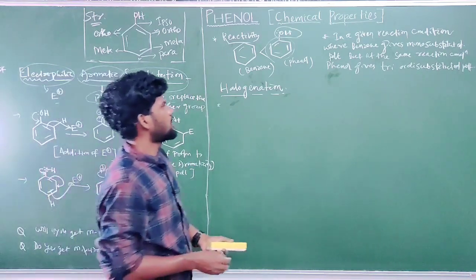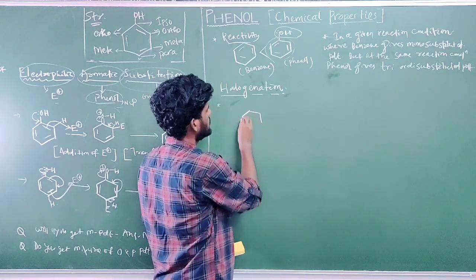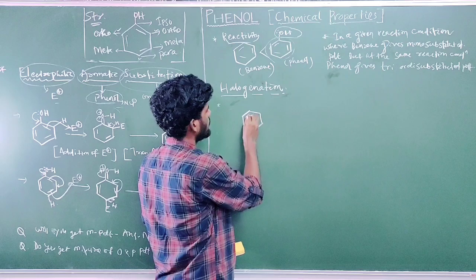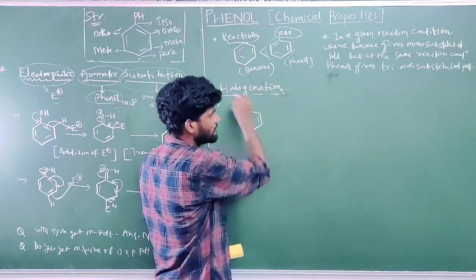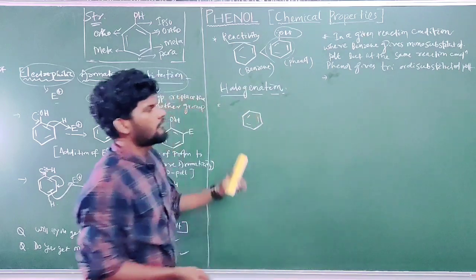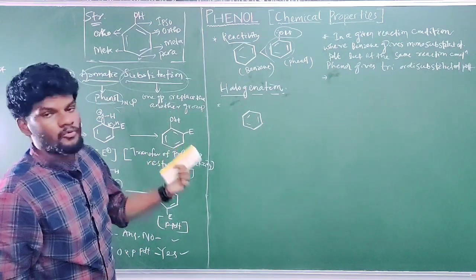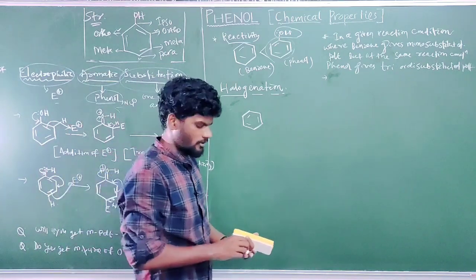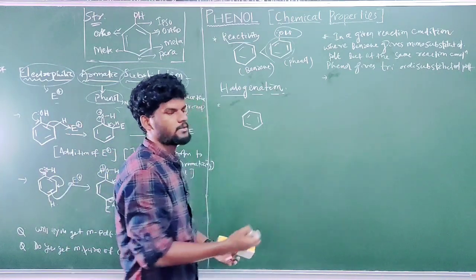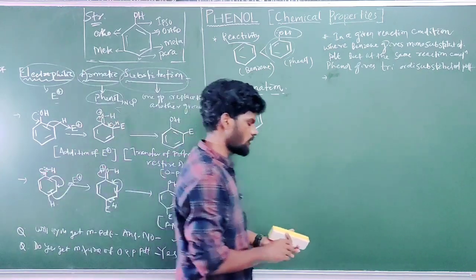So for the halogenation reaction, see, write another point. In the phenol case we are getting a tri-substituted product, but we do not always get a tri-substituted product. At a certain reaction condition phenol can also give a monosubstituted product, meaning a controlled reaction.